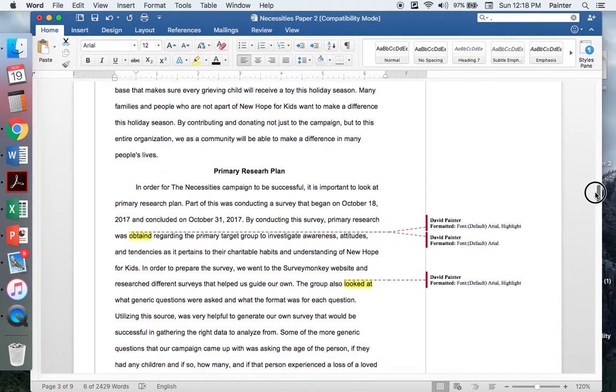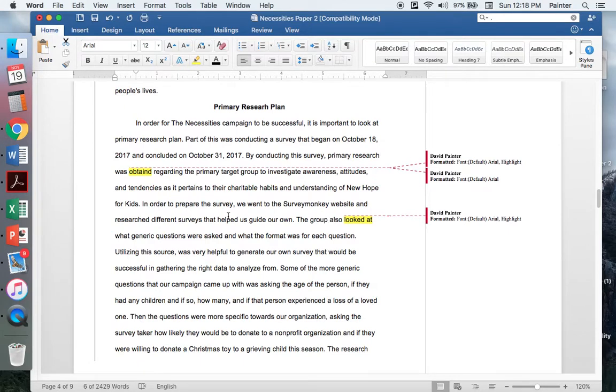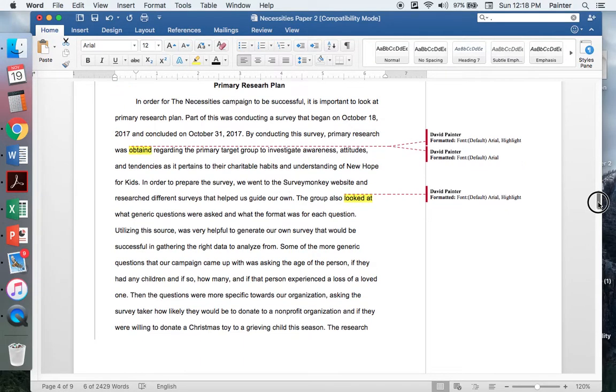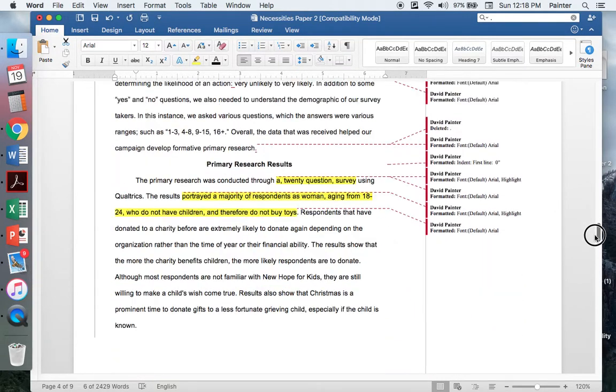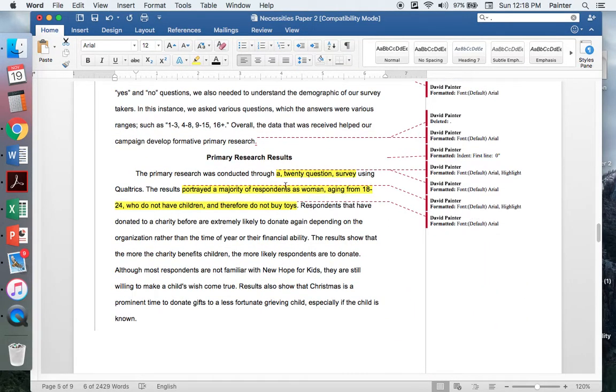Primary research plan. So you do fairly well here in talking about the planning for your research. The results, you do fairly well here.